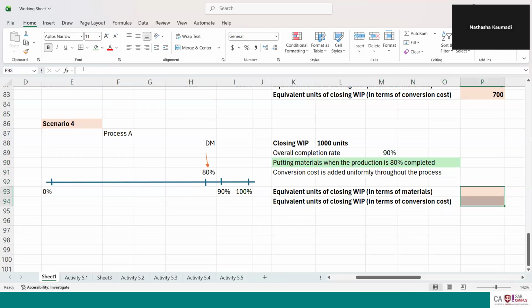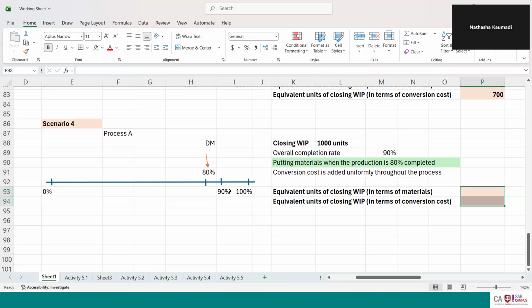How many equivalent units are there in terms of materials? We got our materials when we reached 80%. Now we are at 90%. So have we received all the materials we need now? Yes, of course. At the point when we reached 80%, we got the materials.